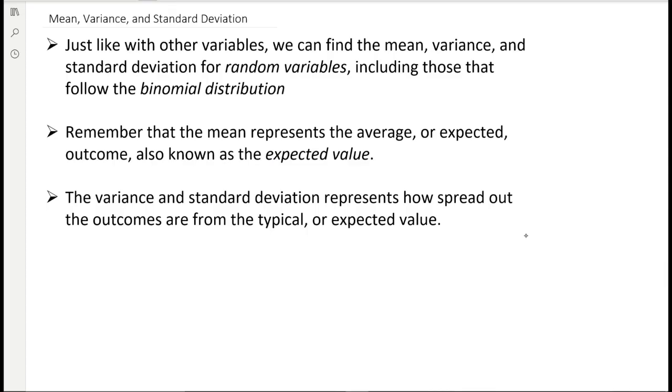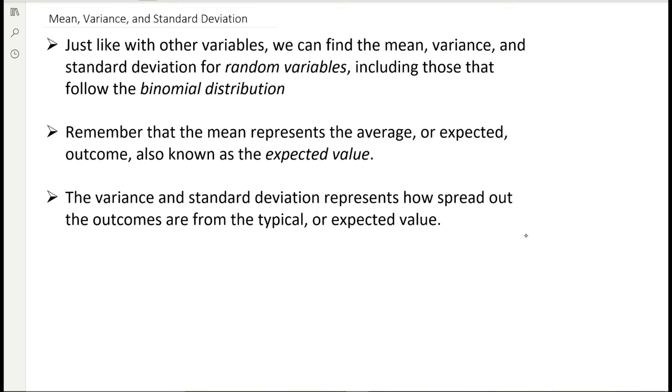All right, so the next thing is we're going to actually calculate the mean, variance, and standard deviation for the binomial experiment. So just like with other variables, we can find the mean, variance, and standard deviation for random variables, just like we did with the variables at the beginning of the year, more like in chapter 2. So we're going to be doing it for the binomial distribution.